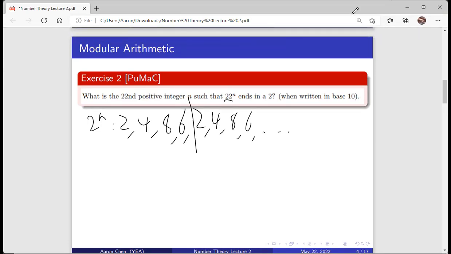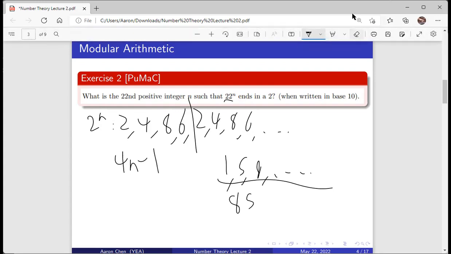So 1 works, 5 works, 9 works, and so on. And of course, the 22nd term of this arithmetic sequence 1, 5, 9, and so on is just 85. Because the formula for the nth term is 4n minus 3.